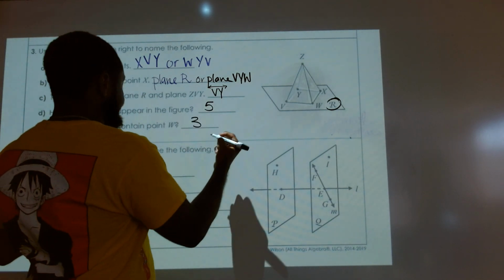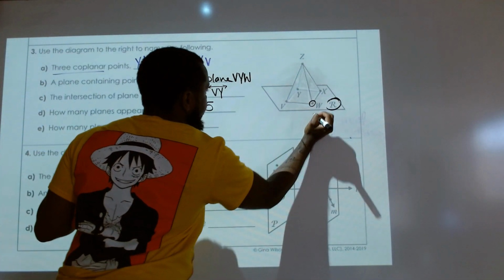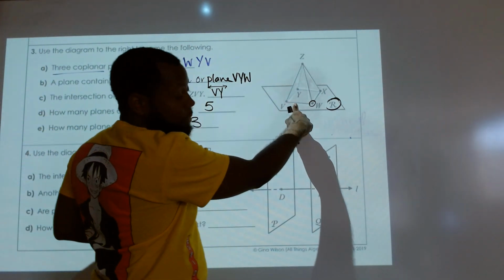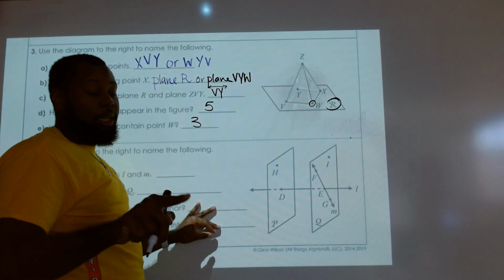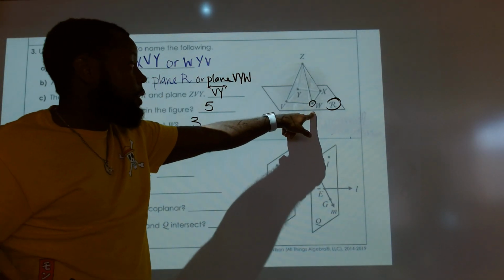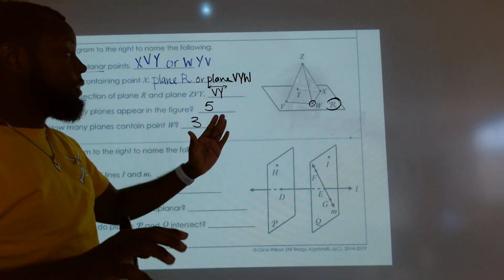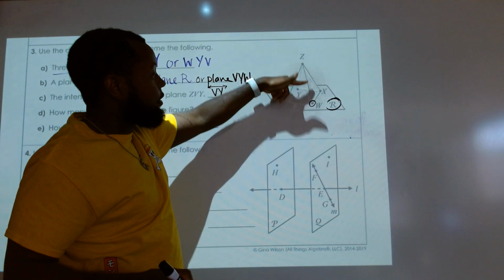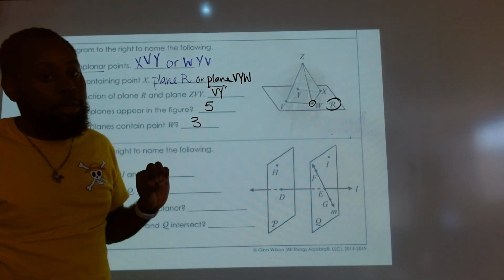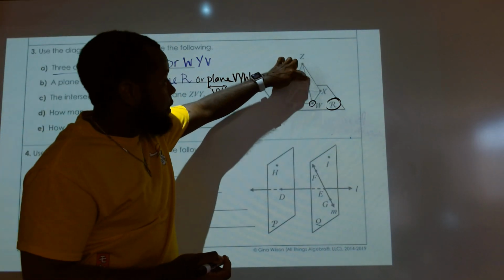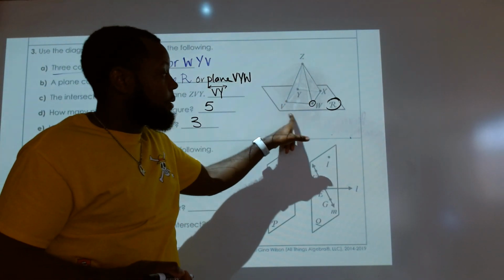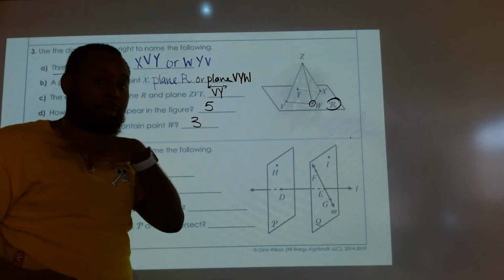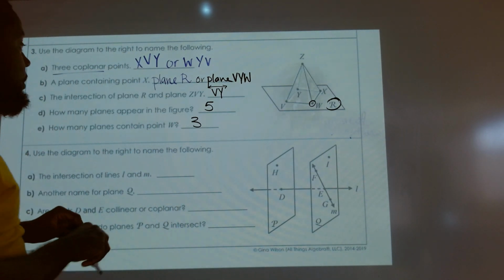You're looking at all the other flat surfaces that contain point W. So this square that's at the bottom, that contains point W. From my point of view, this right side of this triangle contains point W. That makes three. Okay? This right side, this square, and this big rectangle contains point W. That's why we got three. Okay?